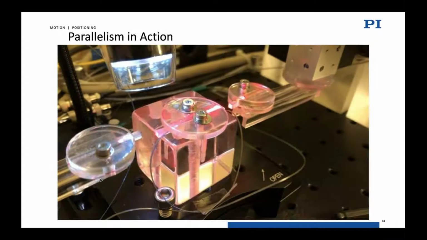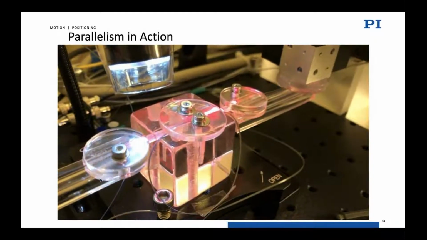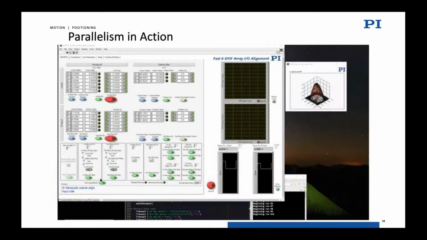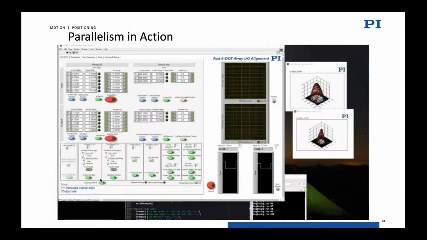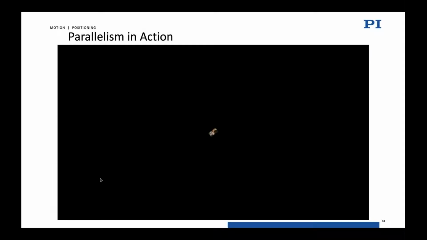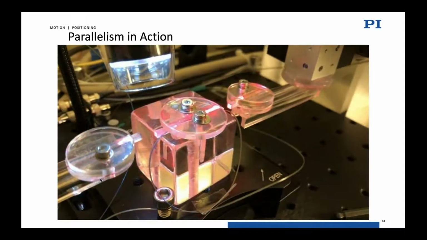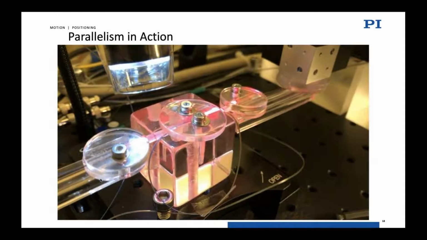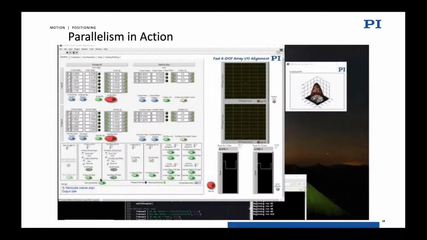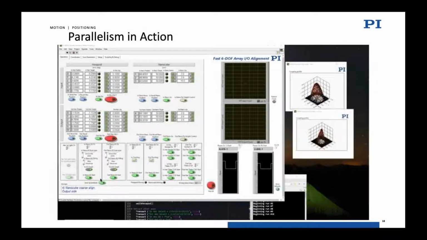The next year, we had customers saying, well, what about my devices that have inputs and outputs? And so what we did is we built an assembly that had fiber arrays on the input and output. We did the same thing where we did the area scan to find the peak on both sides, and then a gradient search to lock onto them on both sides, and a parallel gradient search to perform the theta Z alignment on both sides.